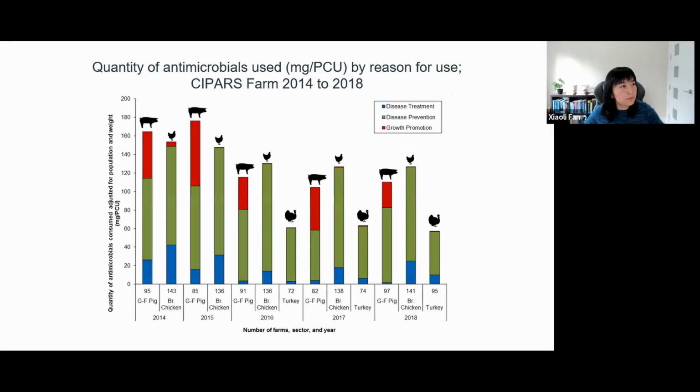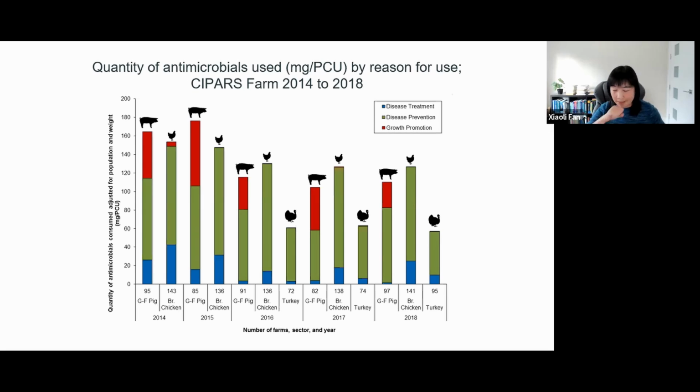Okay, so here are the quantities of antimicrobials by purpose. And again, here I don't have cattle. Somehow Canada only has data for the other several industries.